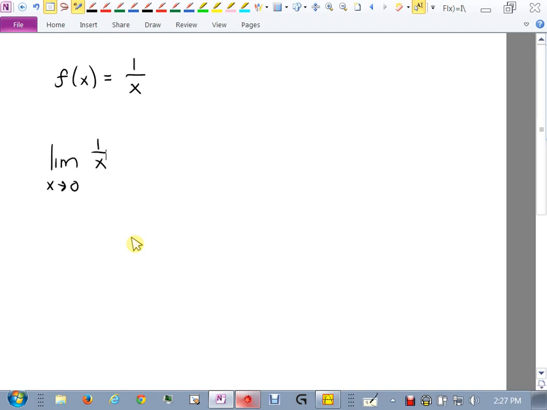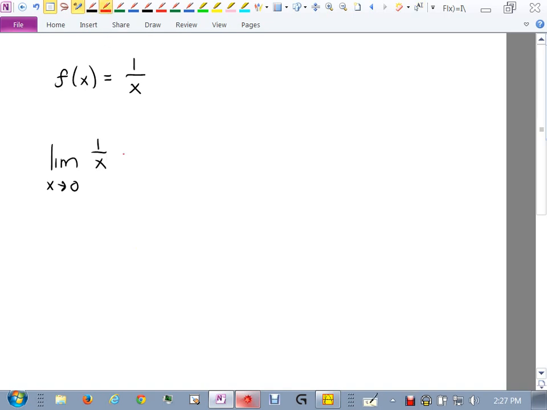You remember what it looks like? What was the answer to this? You remember? It was does not exist. Because from one side it was negative infinity, the other side it was positive. But how are we going to do that without a graph? How are we going to figure that out? So, you ready to watch?